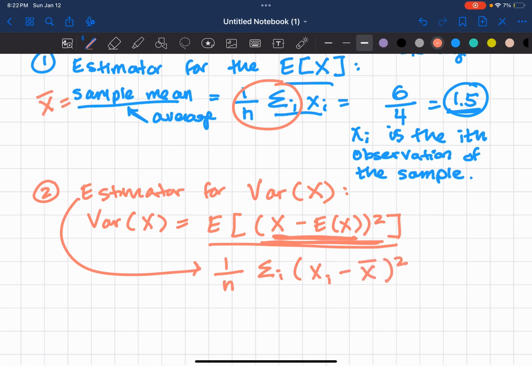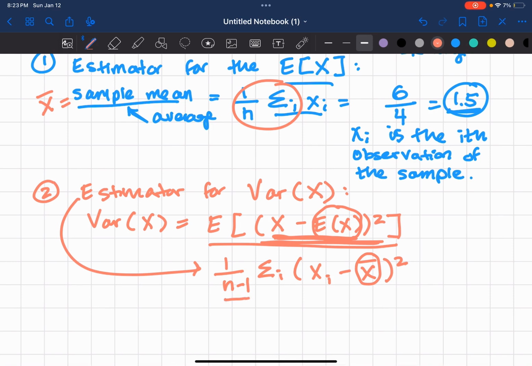And then we'll square it. This is not quite the formula. There's one more adjustment I need to make, and that is because we're using x bar, the sample mean, instead of the true expectation of the random variable. We need to make one adjustment, which is we say n minus 1 instead of just n. So it'll be 1 over n minus 1, sum over i, xi minus x bar squared.